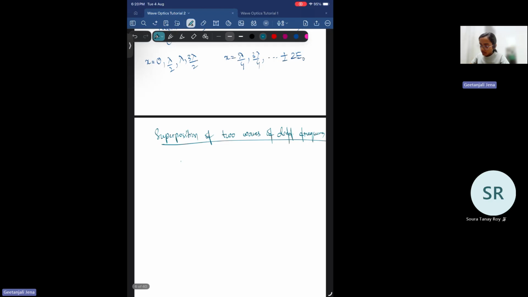We started with the same harmonic waves. E1 is E10 cos(k1x minus omega 1t), and E2 is E20 cos(k2x minus omega 2t).